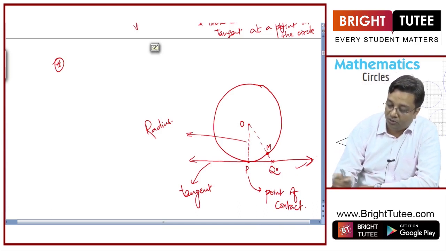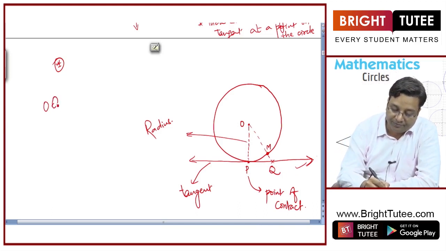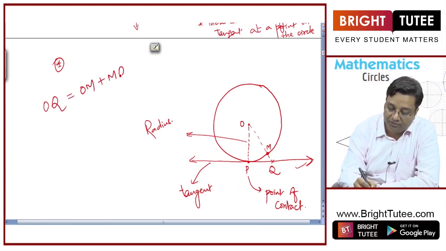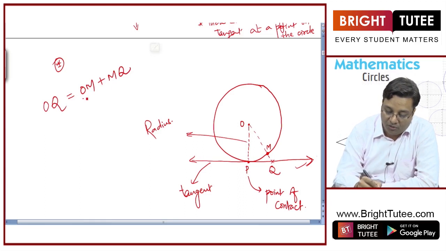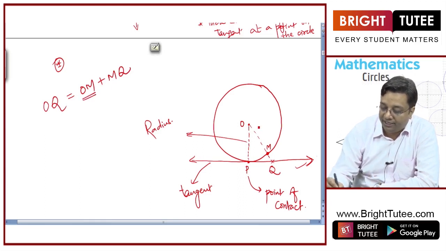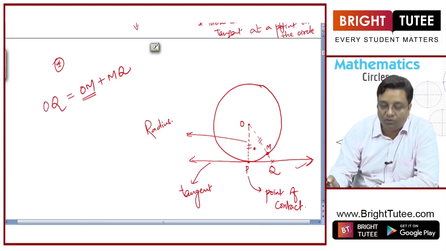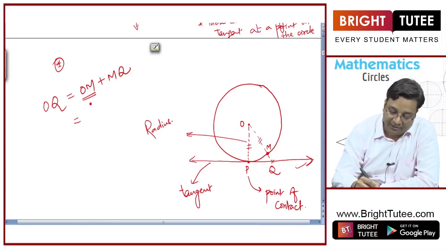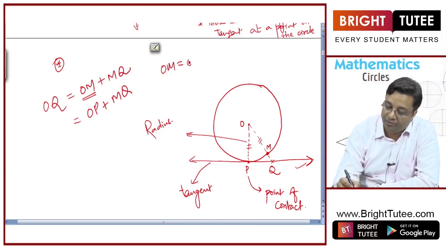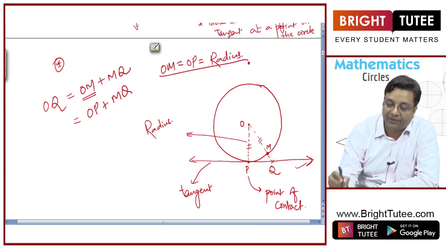So this distance OQ is what? This is OM plus MQ, right. And what is OM? OM is also the radius of this circle. So OM is equal to OP. So I can say this is OP plus MQ, because OM is equal to OP is equal to the radius of this circle, right.